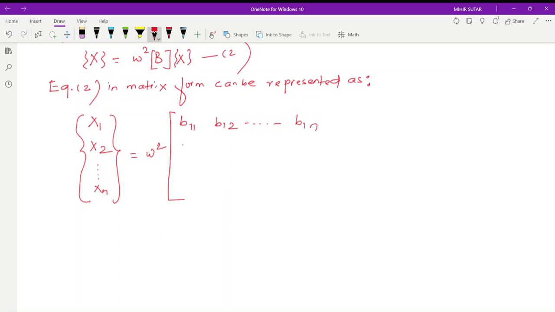Similarly, second row में हमारा आ जाएगा B21, B22 up to B2n.